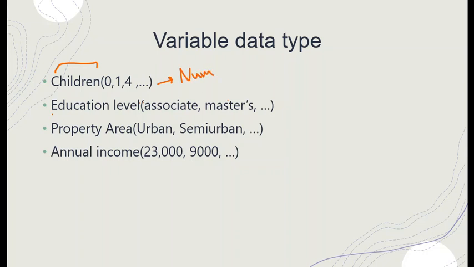Second, for education level, we have classes or categories like associate, masters, or PhD. So this one is categorical. Third, we have the property area, which can be urban, semi-urban, or rural. So this one is definitely categorical as well. And lastly, we have the annual income, which is clearly numerical, like 23,000, 9,000, 8,000. So this one is numerical as well.